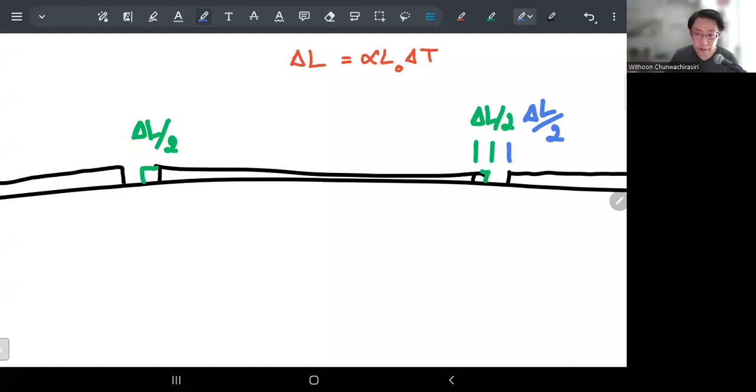Cool? So at the end, overall, it gets back to delta L anyway. So what you need to do is just calculate that delta L, and that's the minimum spacing between the blocks. And you're done.